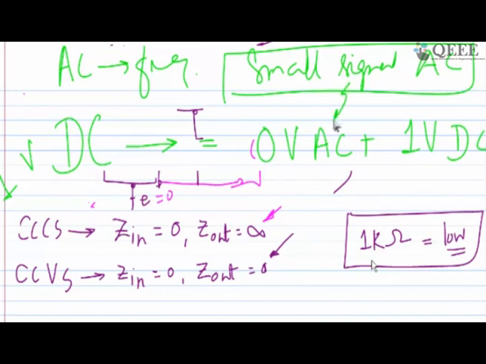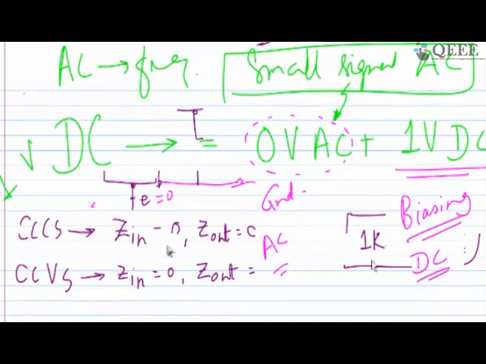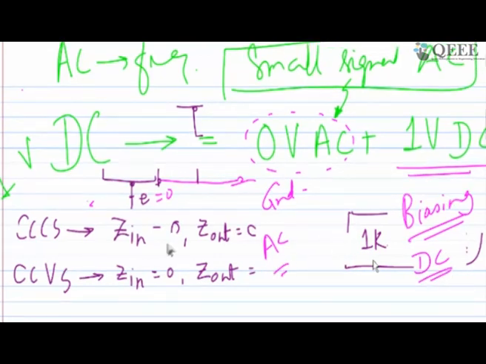Right now I am doing only AC analysis, not DC. So during that particular analysis, I am going to use 0 volt AC, or I am going to call it ground. Otherwise, when I do the DC analysis, I am going to consider this one, which we have considered already when we started, right? The biasing of the circuit and those things come under this analysis. So we are treating both things separately. First AC and then DC. This is what we have done. And that's how DC source is equal to AC ground.